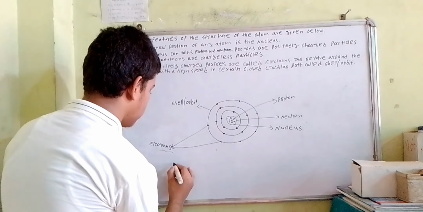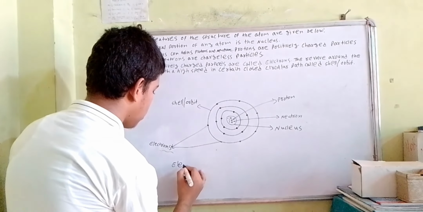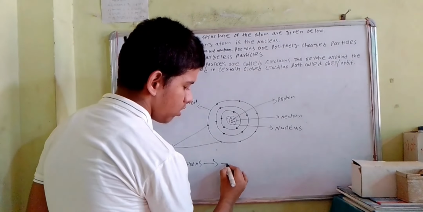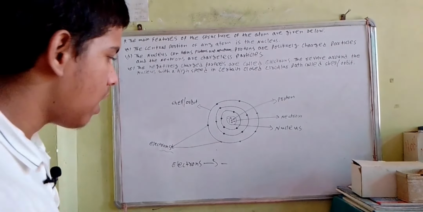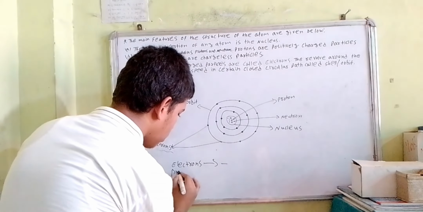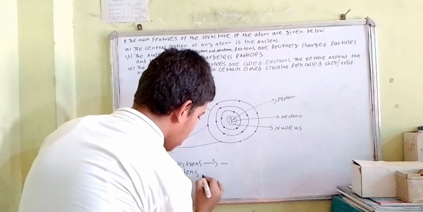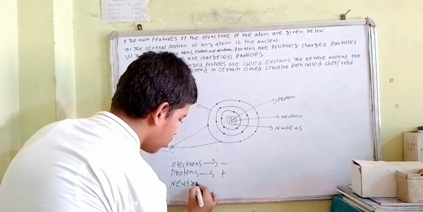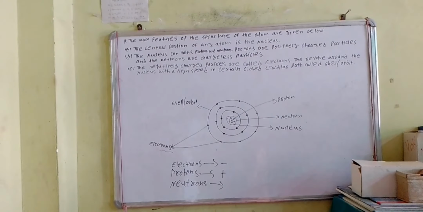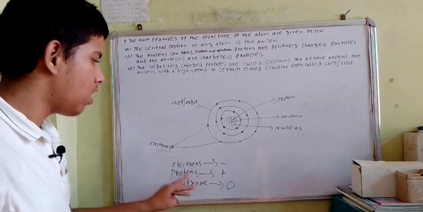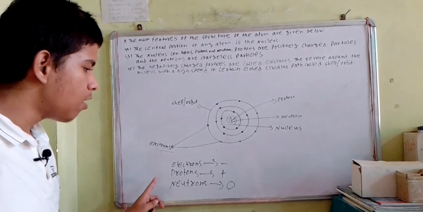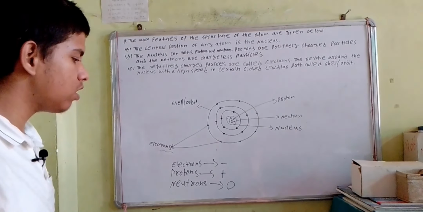Let me write here. Electrons are negatively charged particles, and protons are positively charged particles, and neutrons are chargeless.